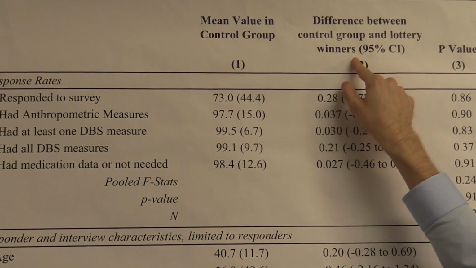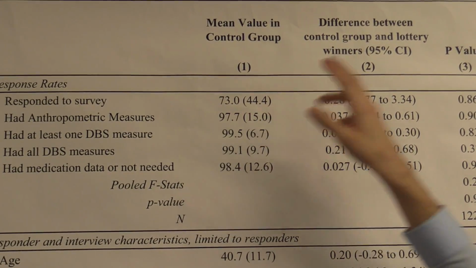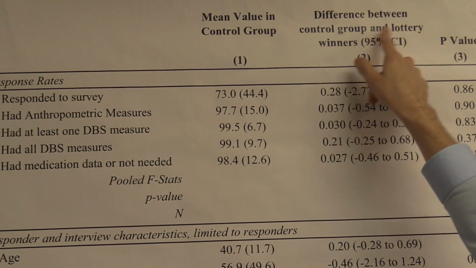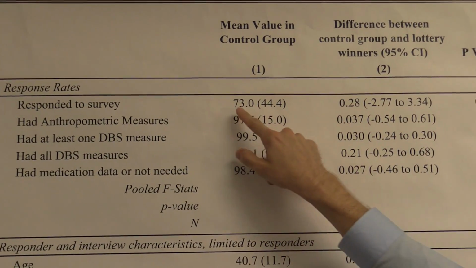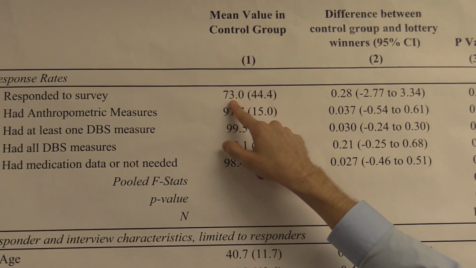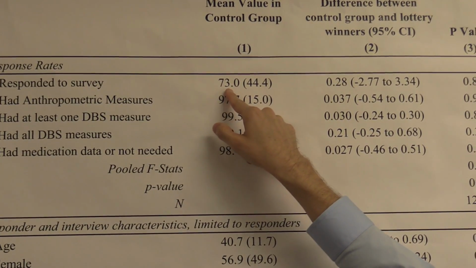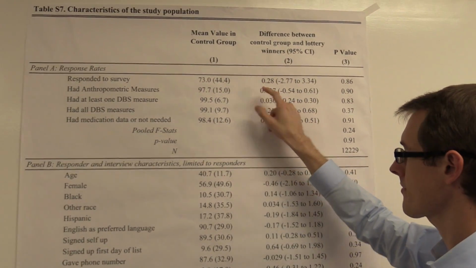Lottery winners. Those are the treatment group. So the difference in those two means, 73 minus whatever the mean in the lottery winning group is 0.28. Okay? So basically it's 73% in both groups. So there's no difference in response rates. So that's one variable that we see that's common across the two groups.